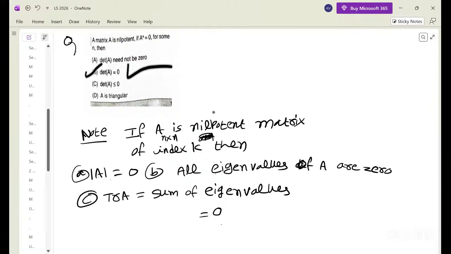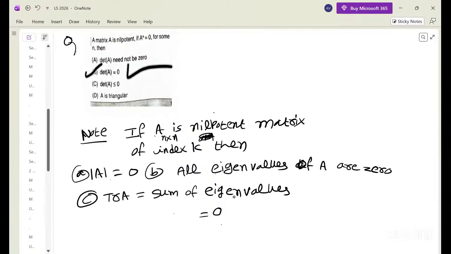But if it is nilpotent, definitely trace A is 0. We have seen earlier, trace A is 0 for skew symmetric also. So the converse need not be true. If trace A is 0, it may be skew symmetric, it may be nilpotent, it may be neither also. So we cannot conclude the converse, but only one side. If it is nilpotent, then this will be true.